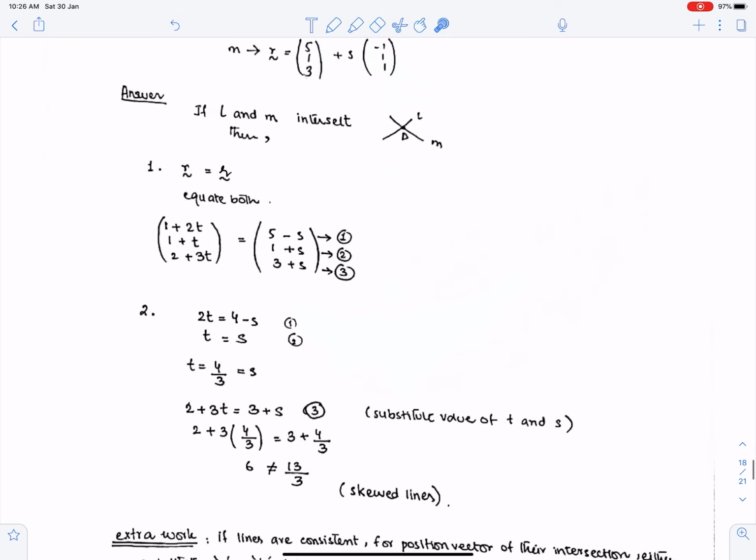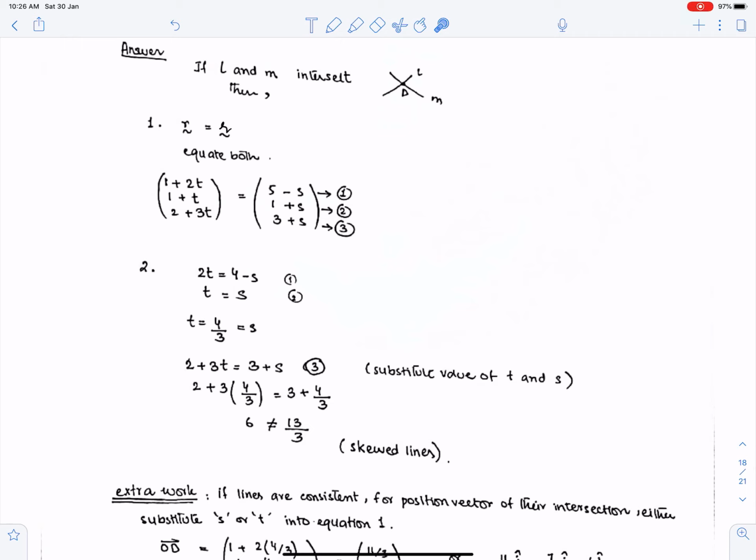We will solve any 2 equations for the values of S and T. And then after getting the values of S and T, we will substitute them into that equation which we did not consider while solving. If that equation would verify, that means lines are consistent, otherwise skewed.